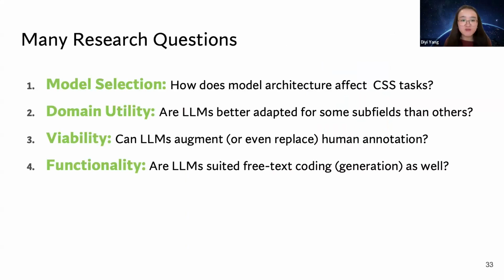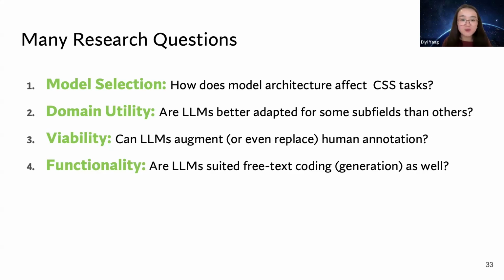And once you take a very comprehensive view of all those different types of tasks, then we can ask a lot of research questions. From a model selection perspective, how does modern model architecture change or influence CSS tasks?